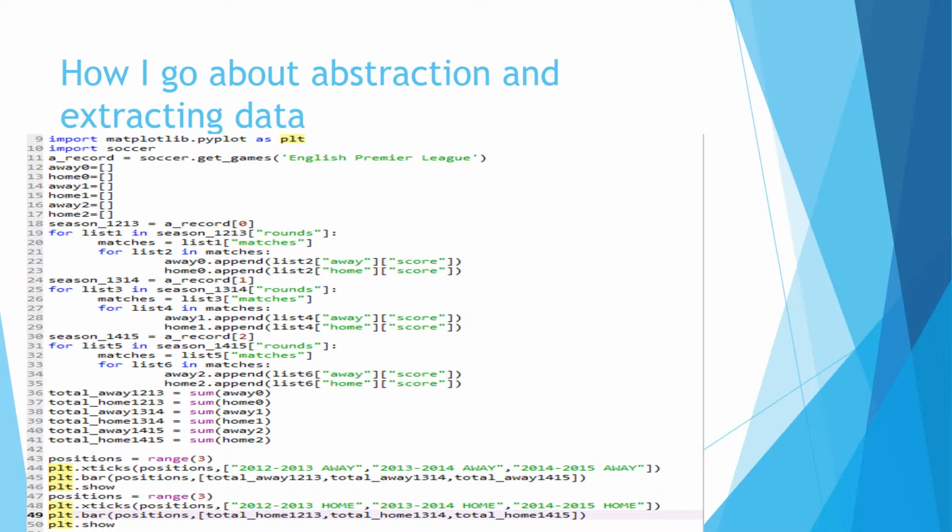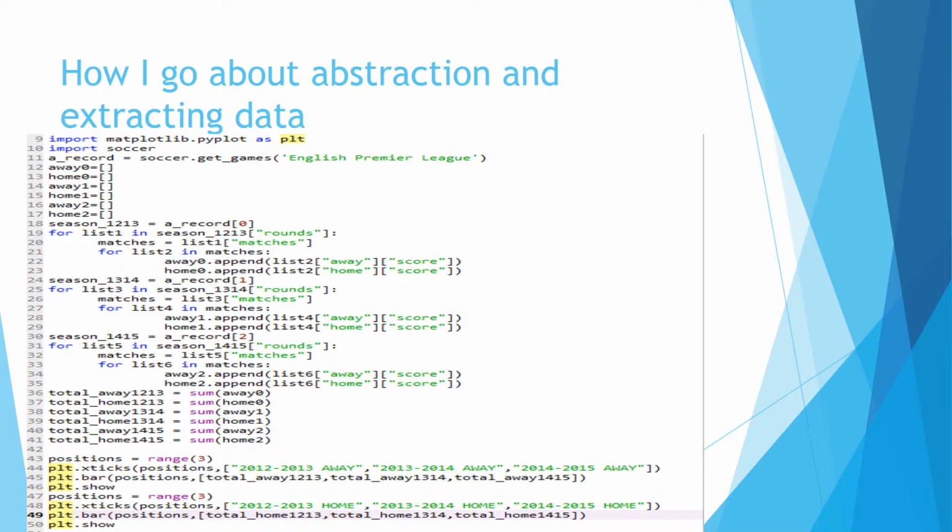For each season, I need to specify season_1213, that being season 2012-2013. I had to specify it within that record, and then I go for the first list, which is the rounds.